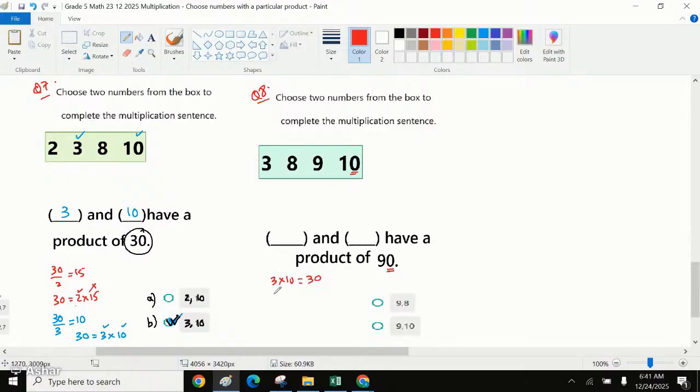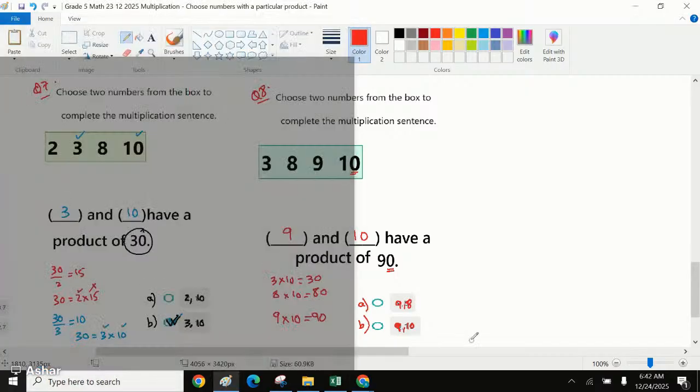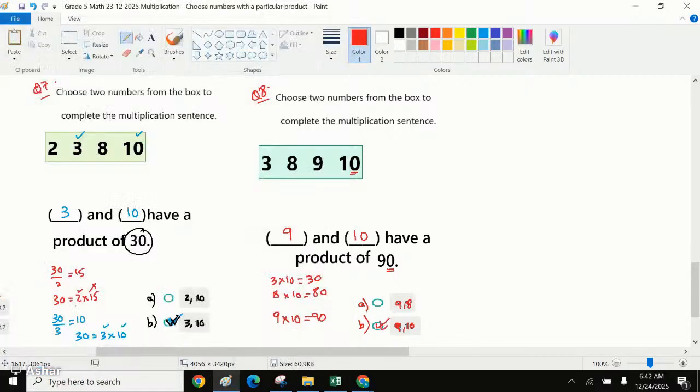No. 8 multiplied by 10 is 80. That's not the answer. But 9 multiplied by 10 would be 90. So 9 and 10 have a product of 90. Option B says 9 and 10, and option A says 9 and 8. So our answer is option number B.